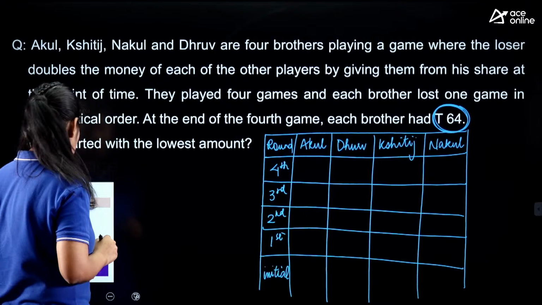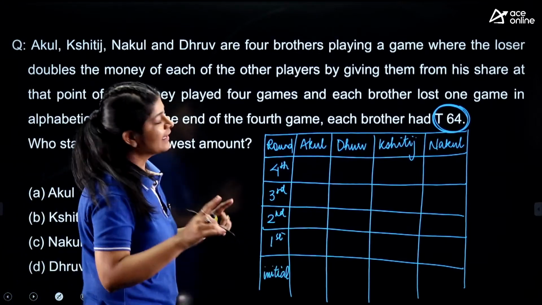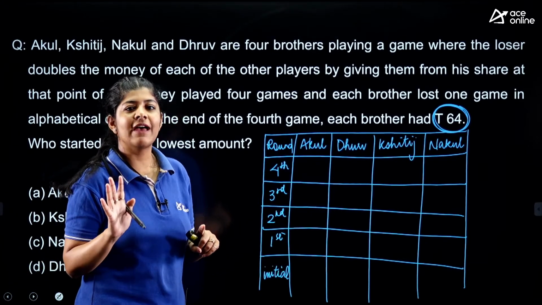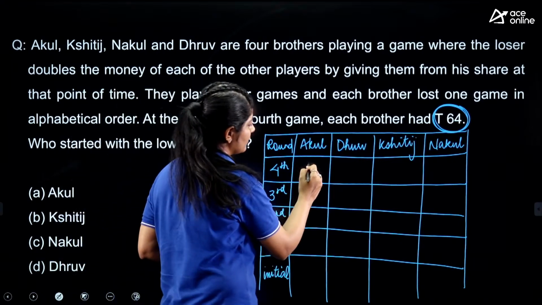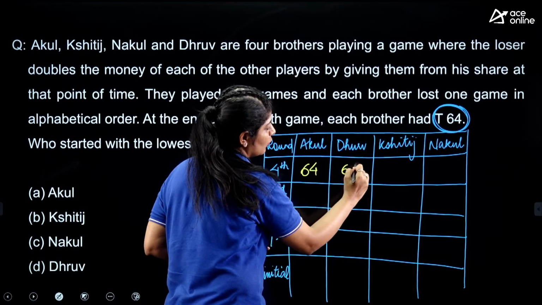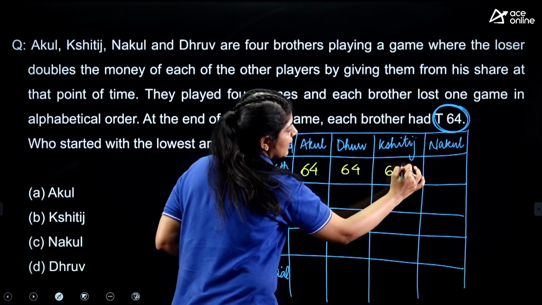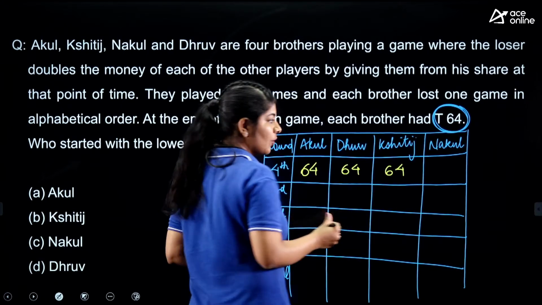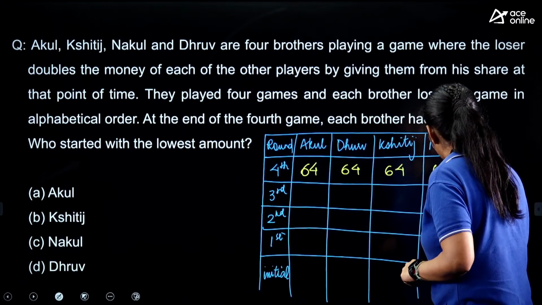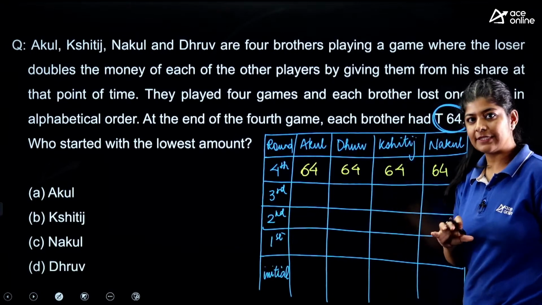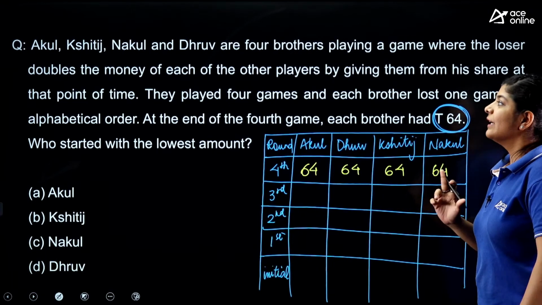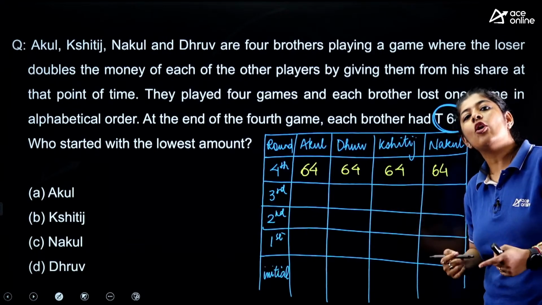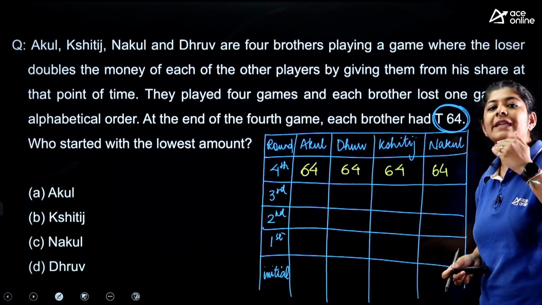So the question is saying that in the ending, everyone has 64 rupees. So Akul has 64 rupees, Dhruv has 64 rupees, Kshitij has 64 rupees, and Nakul also has 64 rupees, right? But the games were lost in alphabetical order.